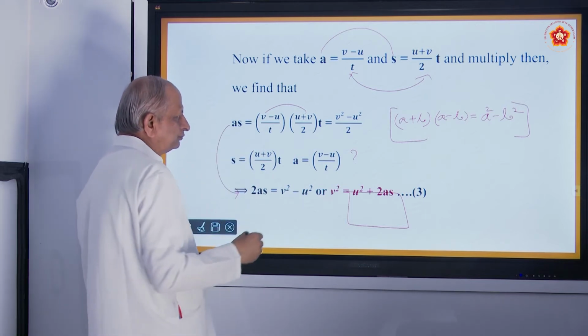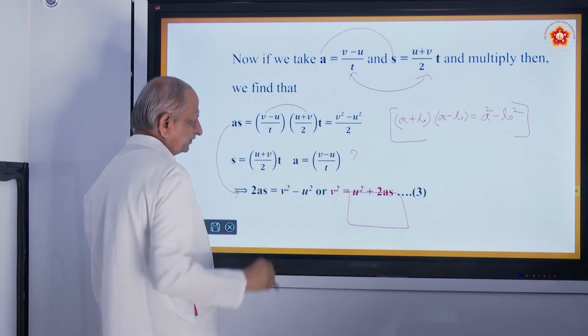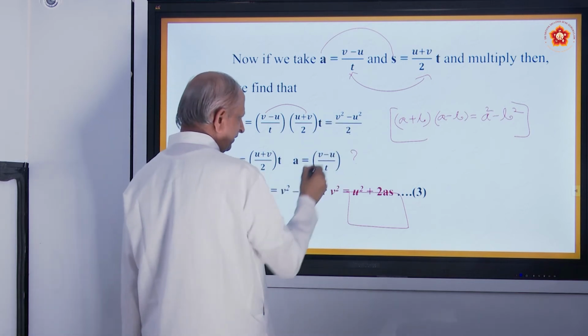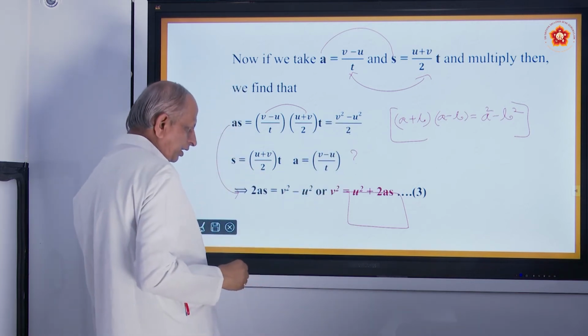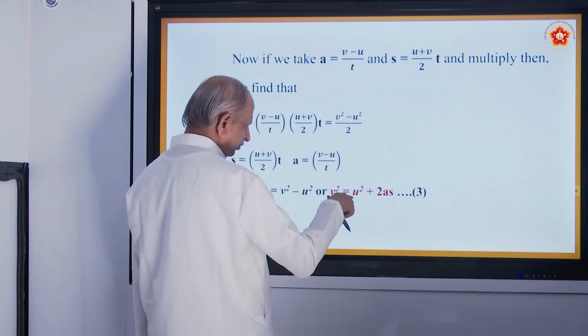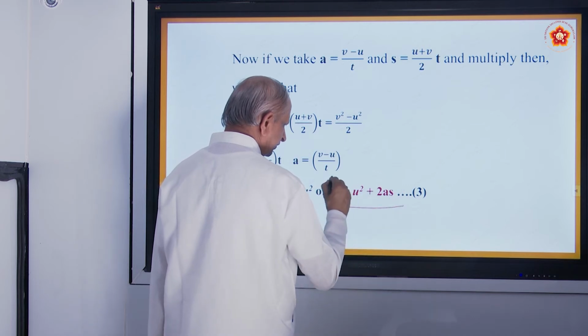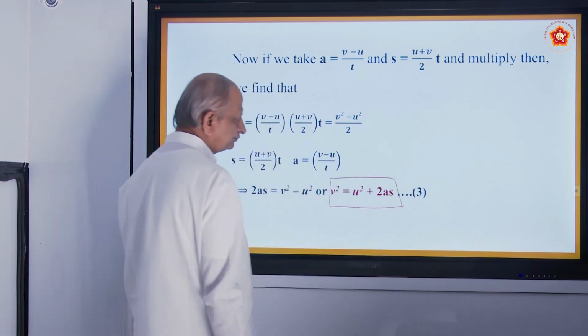Now what happens now? 2 into AS, 2AS is equal to V squared minus U squared, or V squared is equal to U squared plus 2AS. This is the third equation of motion.